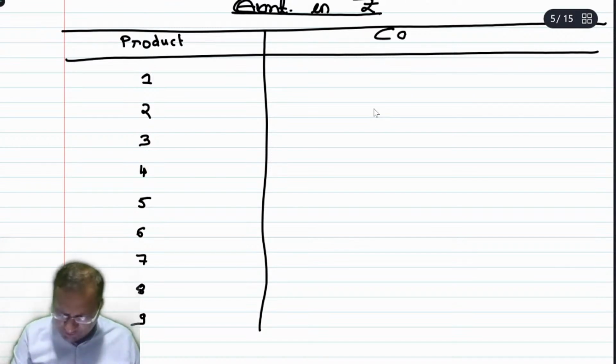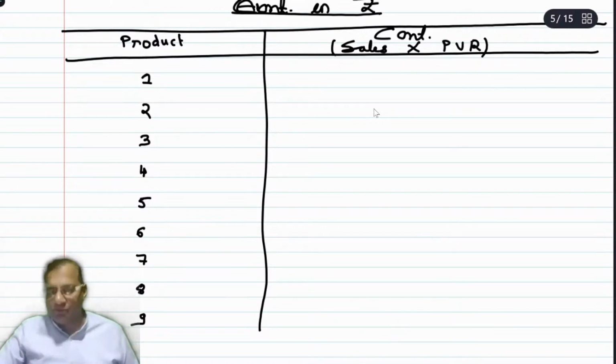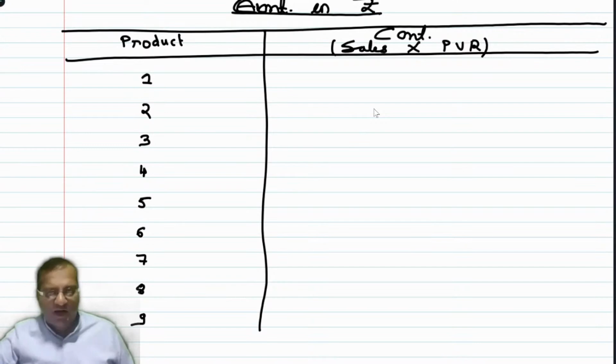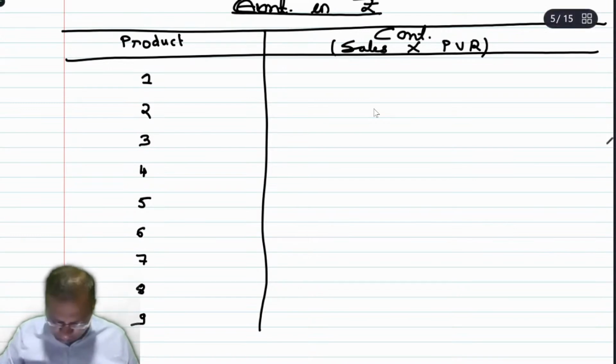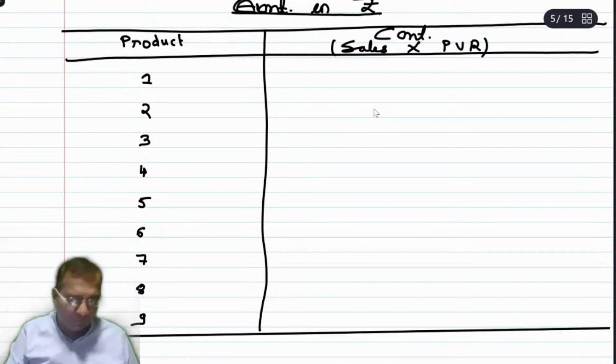Now contribution, what will be the formula? Sales is given to you. Sales multiplied by PV ratio will provide you the contribution. So I'm giving you 2 minutes of time, beta. Please complete this detail of contribution in rupee. And based on this data, now we will arrange the contribution in descending order, starting from the highest. Okay. So I'm giving you 2 minutes of time to complete this calculation of contribution in rupee.